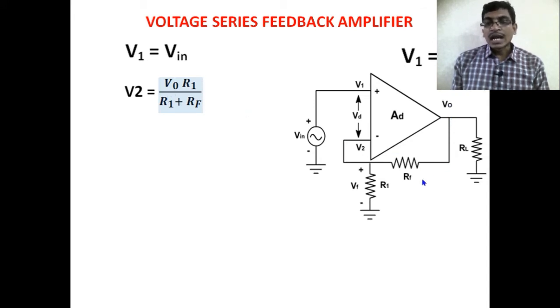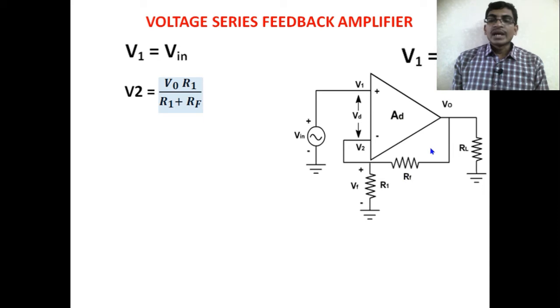We are applying the voltage divider rule here. V0 is the applied voltage across the resistance R1. So we are going to calculate the voltage across R1, which is nothing but the feedback voltage, and it is nothing but the V2 voltage at the inverting terminal of our operational amplifier.